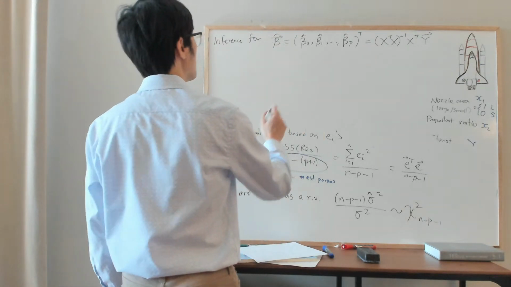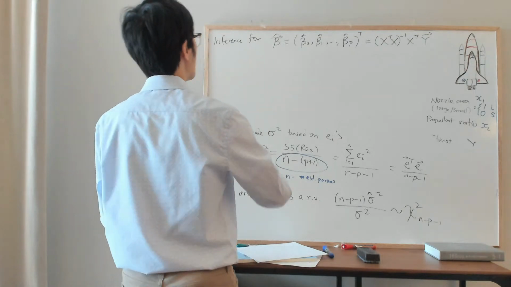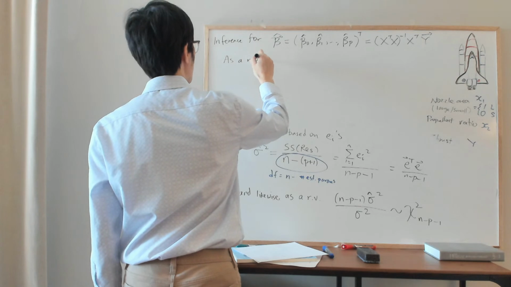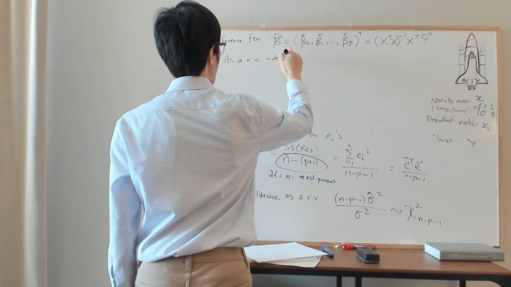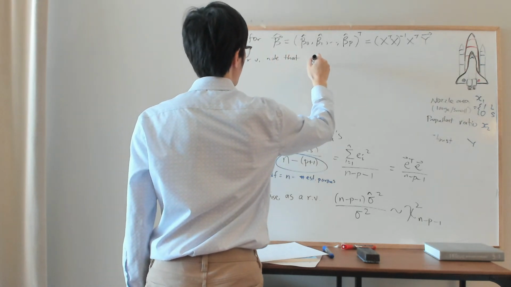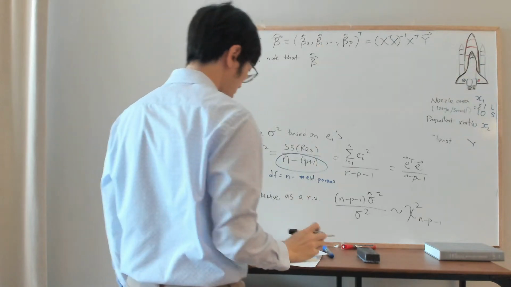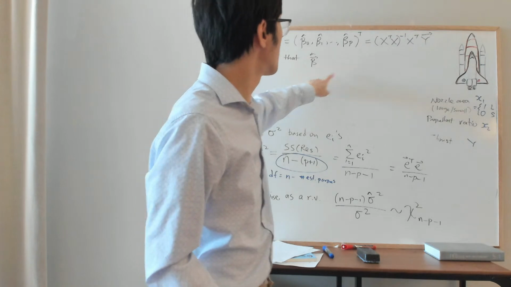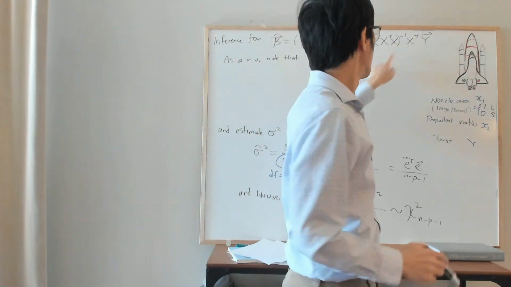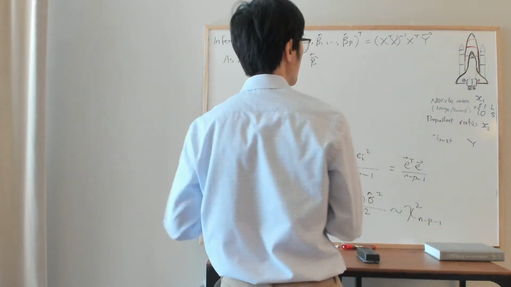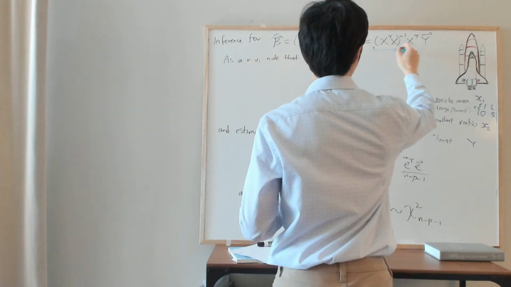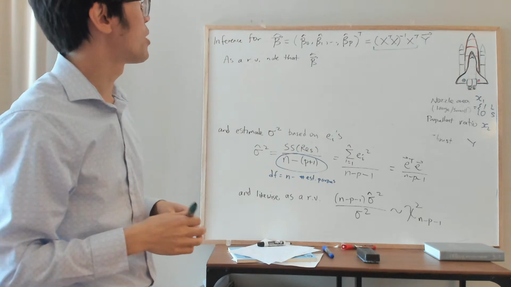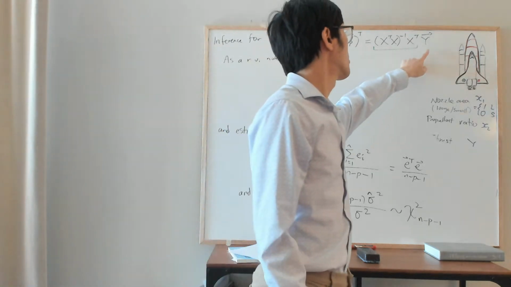Okay, so as a random variable, note that the beta hat vector is... So what is its form? You notice it's this matrix, so times the random vector y.